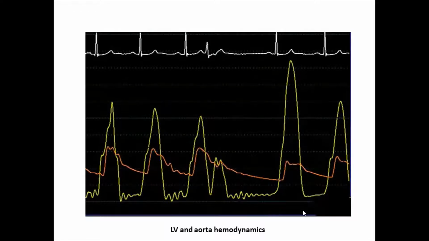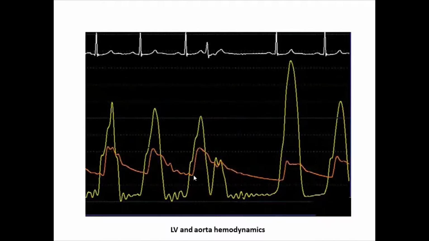What other? There is decrease in the aortic systolic pressure and maybe the same diastolic pressure. So if I ask you about the pulse pressure here, the difference between systolic and diastolic aortic pressures, what about before PVC and after PVC?